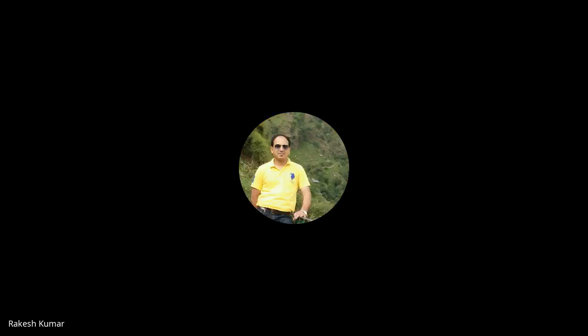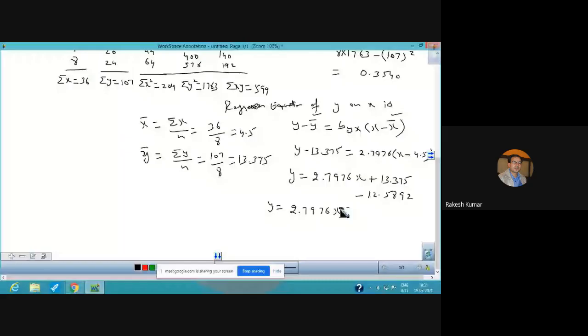So the equation comes out to be y equals 2.7976x plus 0.7858, because the bigger value is positive. So this is the regression equation of y on x.